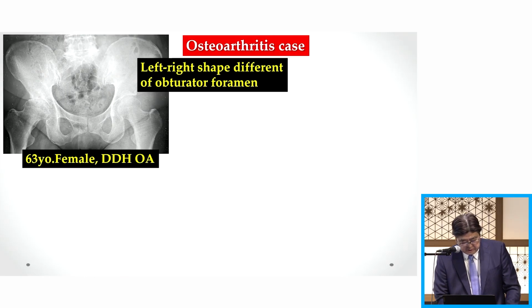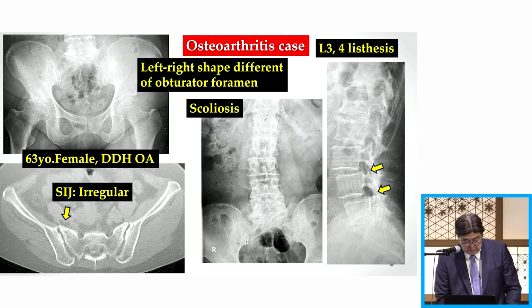In contrast, this case of hip osteoarthritis secondary to developmental dysplasia of the hip shows scoliosis, spondylolisthesis, and SIJ irregularity. It was suggested that this patient, suspected of having hip-spine syndrome, presents with SIJ degeneration.